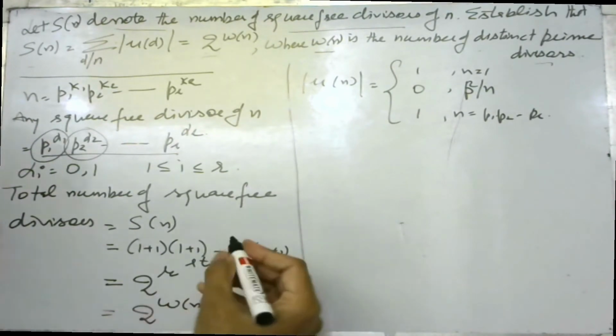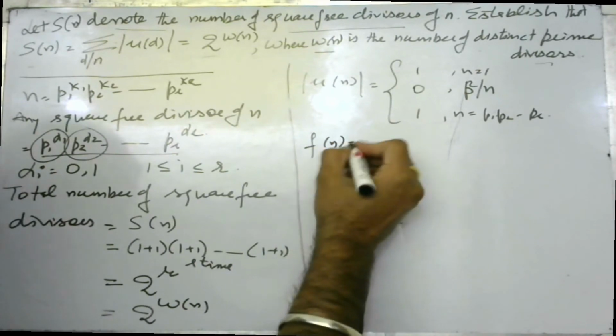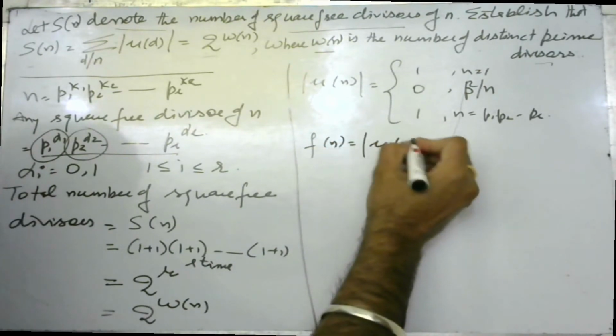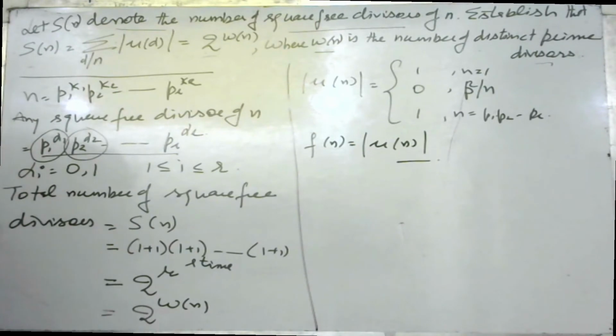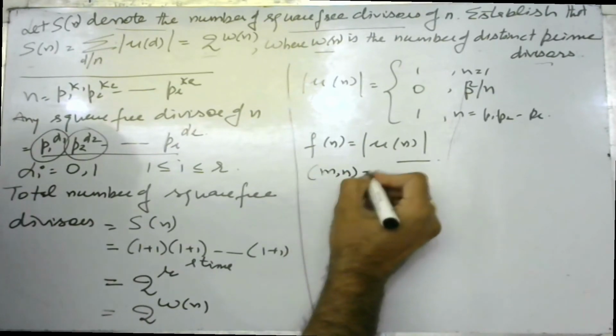Okay, next let F(n) be equal to mod of μ(n), and we prove this is a multiplicative function. For that, we choose two relatively prime integers.